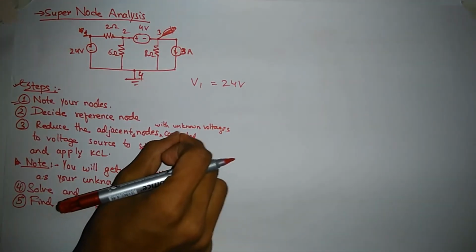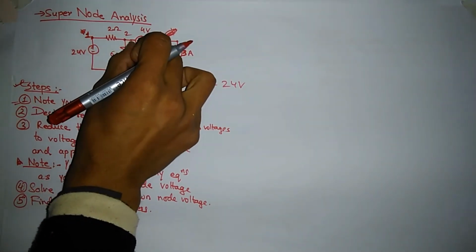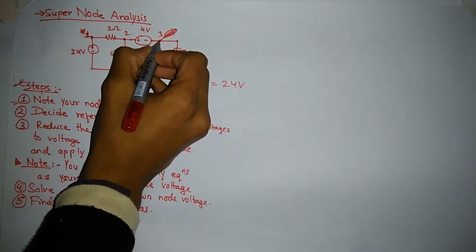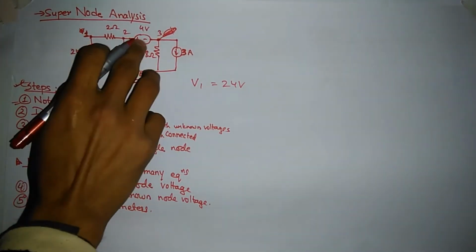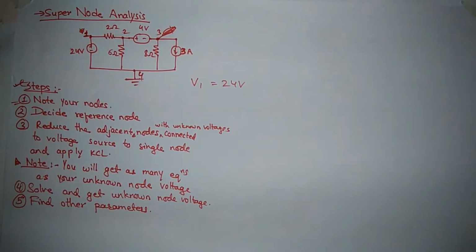That is, I have 2 nodes with unknown voltages connected to the voltage source. I will consider these 2 nodes, with the voltage source in between them, as a single node and apply KCL.